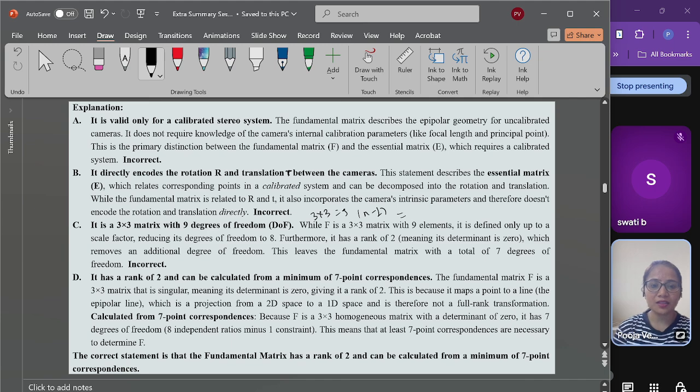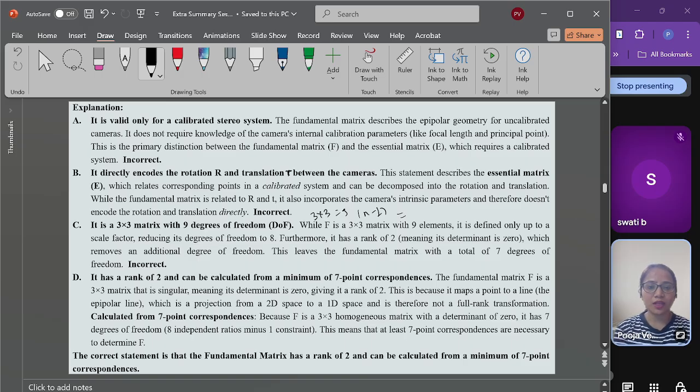This is because F maps a point to a line, the epipolar line, which is a projection from 2D space to 1D space, and therefore not a full rank transformation. So, calculated from the 7-point correspondence, that means because F is a 3 cross 3 homogeneous matrix and its determinant is 0, it has 7 degrees of freedom, that is 8 independent ratios minus 1 constraint.